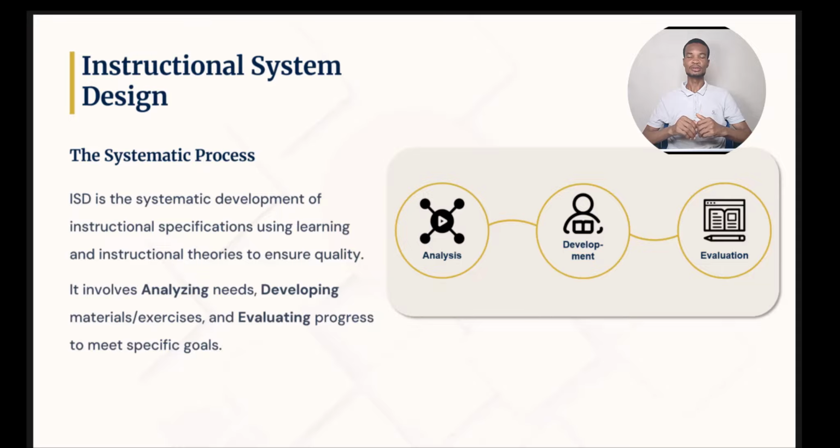It's not just a process of bringing students to class. It involves understanding learning theories and instructional theories. It involves understanding models and frameworks that can ensure quality output.